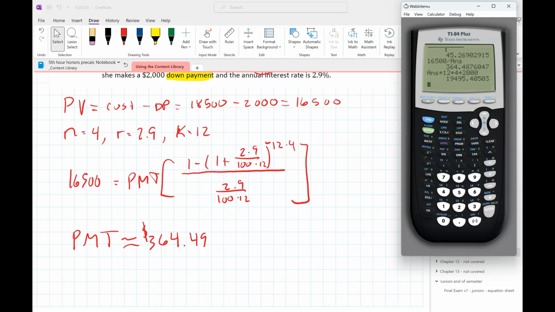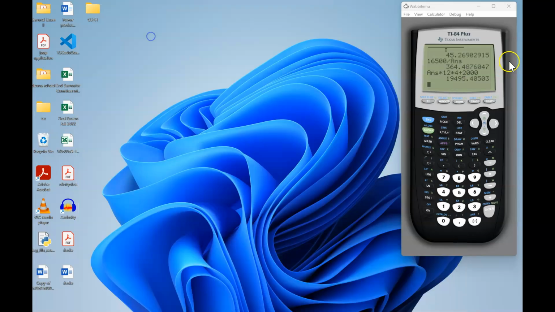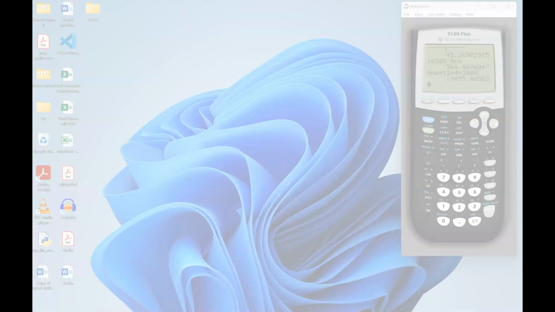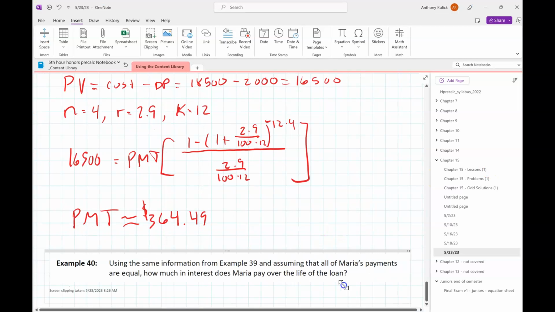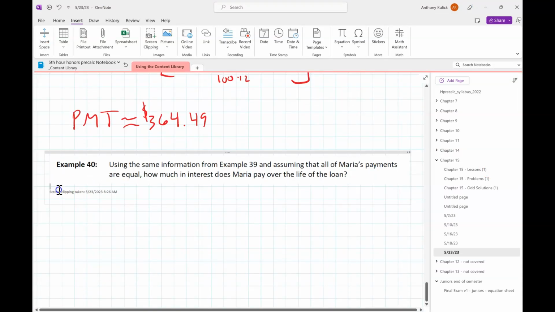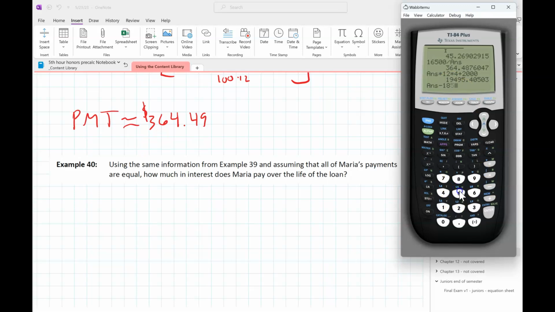Oh, that's what we just did. So my last example was just that. How much interest did we pay on the loan? So I just took my total cost and subtracted the price of the car.